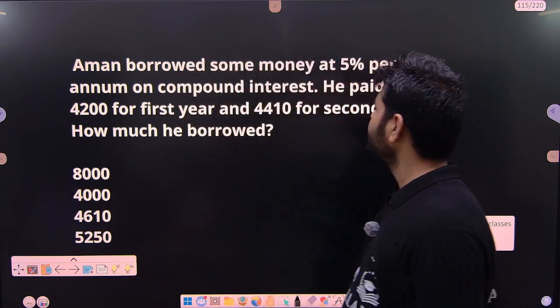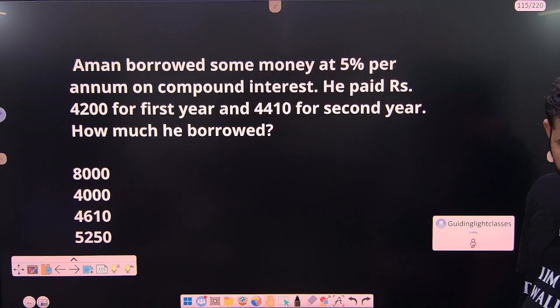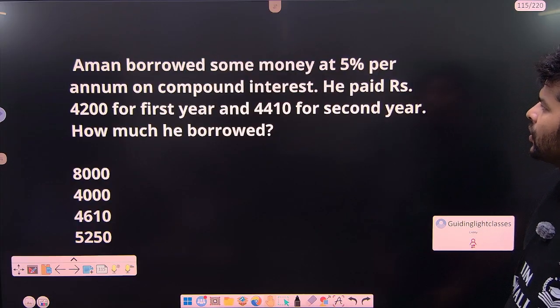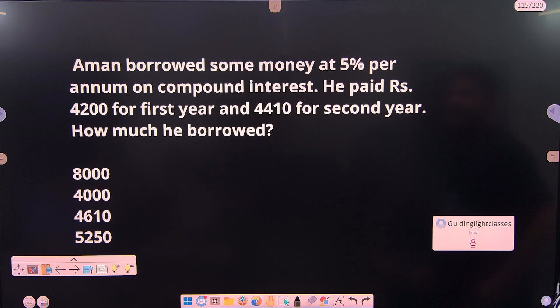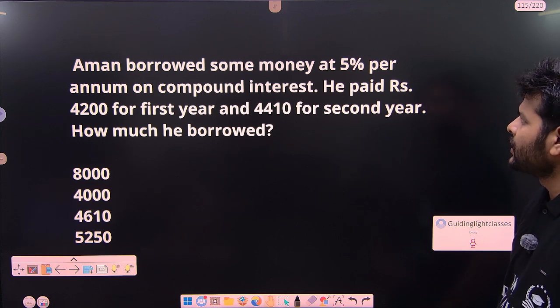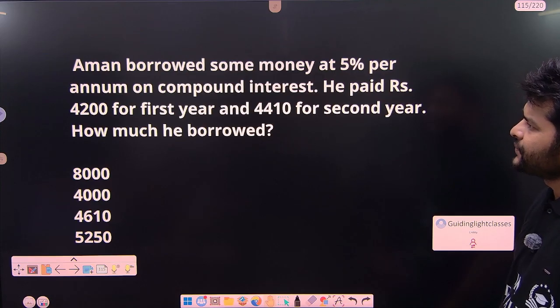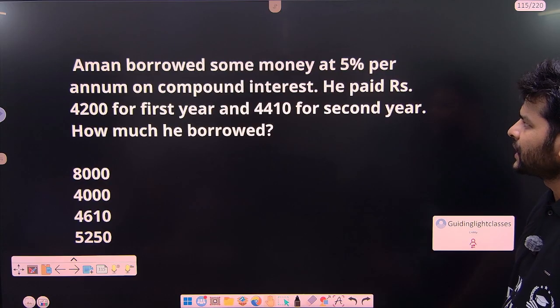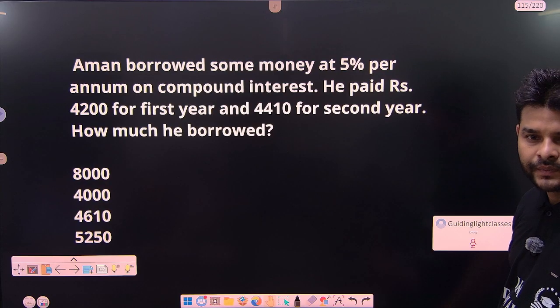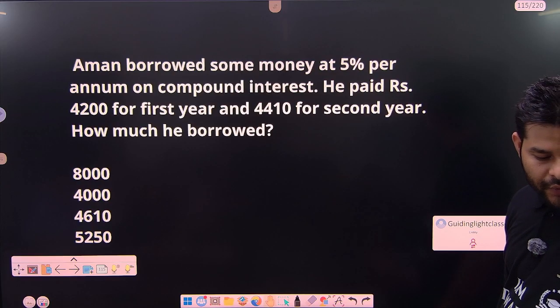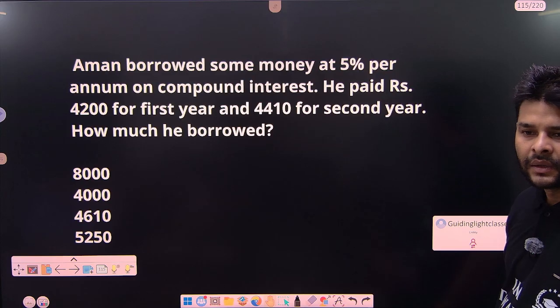the first question is, Aman borrowed some money at 5% per annum on compound interest. He paid rupees 4200 for the first year and 4410 for the second year. How much did he borrow? Whatever the borrowed money is, that is the principal.